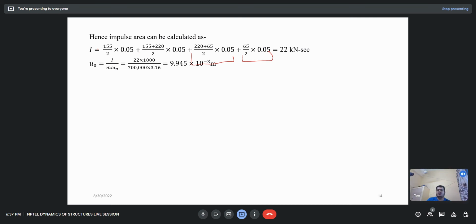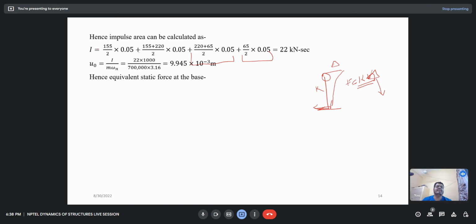If you find u naught, you can find the equivalent static force in the water tank. If this is your water tank and this is your deflection, what will be the static force generated here? The deflection is delta, and the stiffness is K, so F is equal to K into delta.